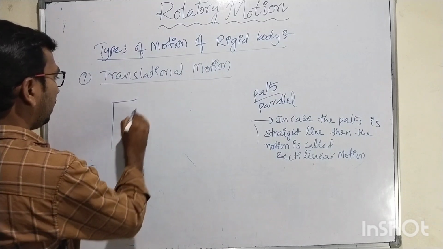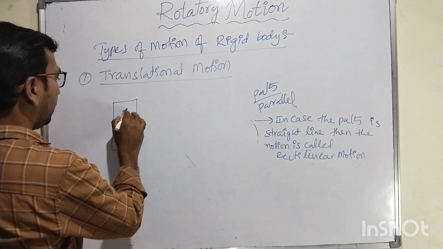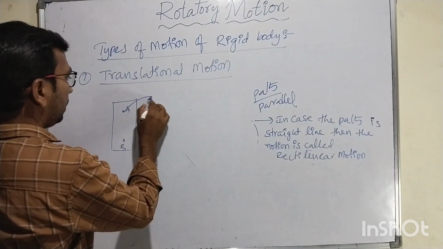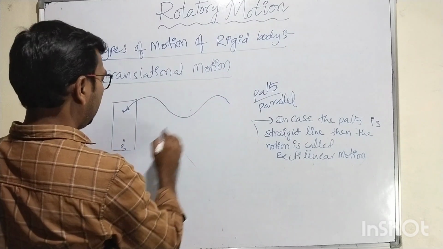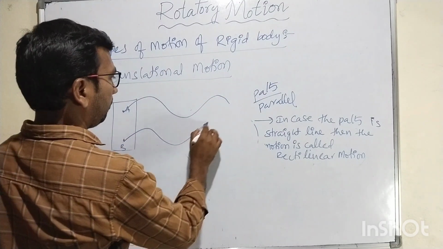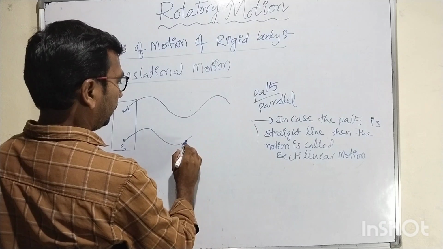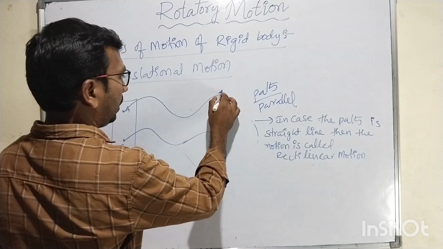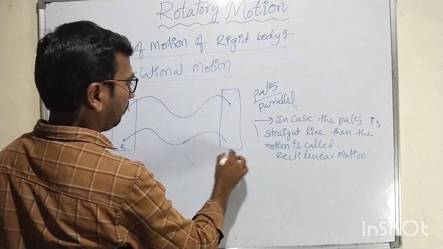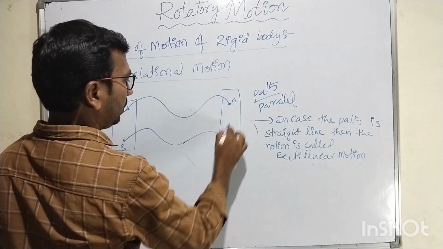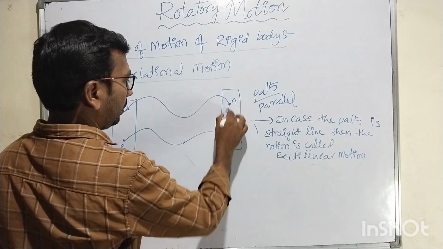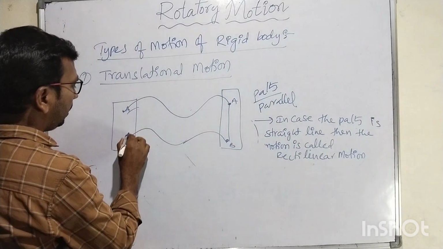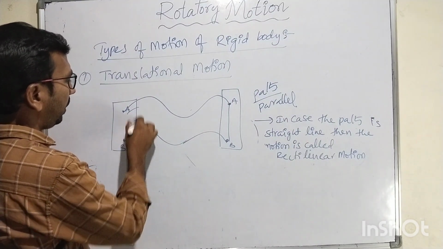In case the path is a curved line, I consider one body with point A and point B. Here a particle is moving like that, and here a particle is moving like that, so these are both parallel to itself.